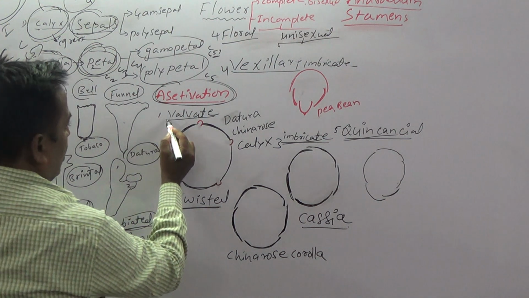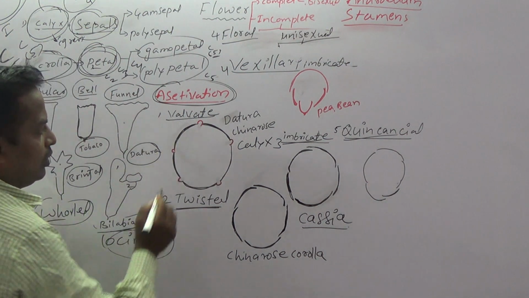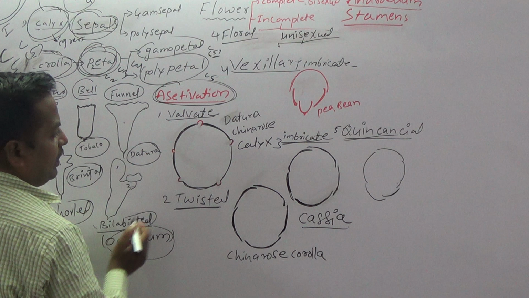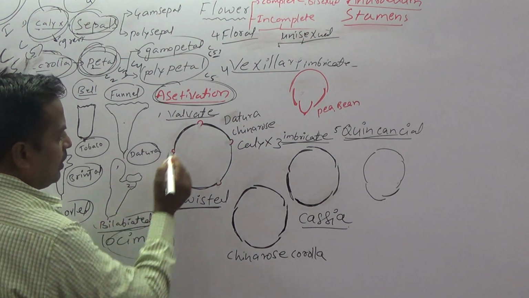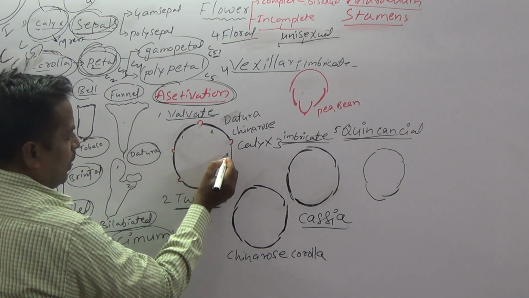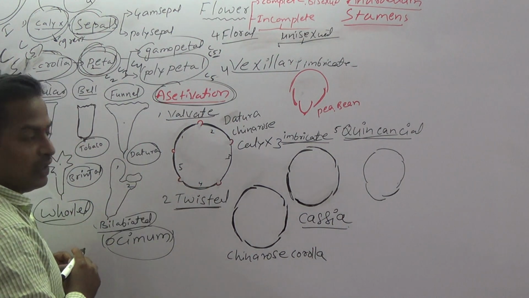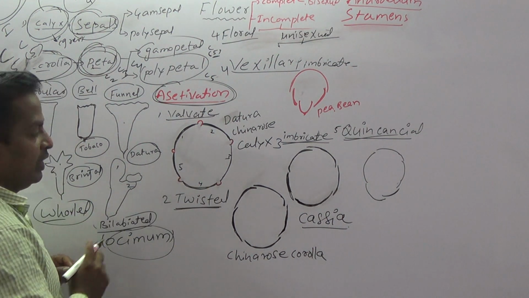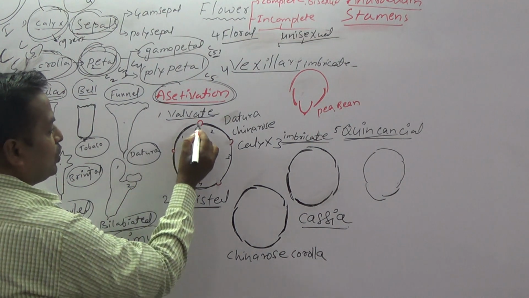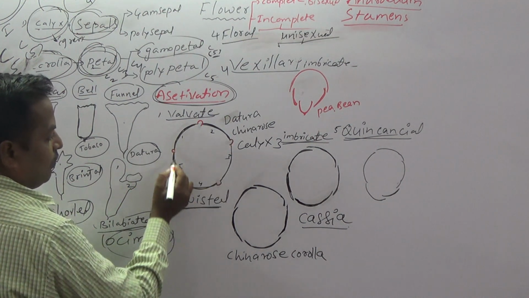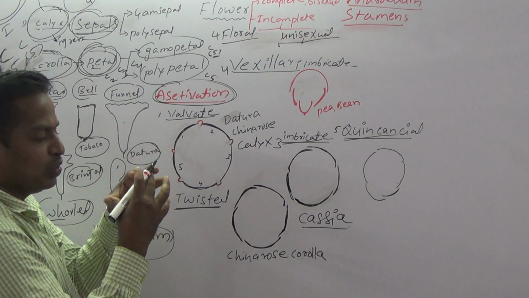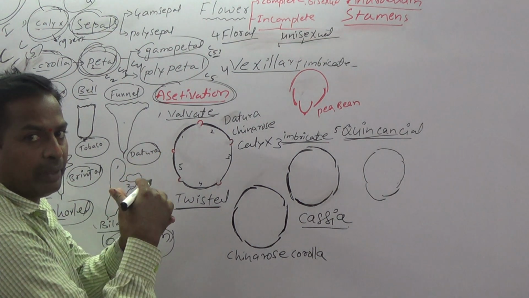What is the first one? Valvate. Look here, the image of the valvate. How many sepals are there? 1, 2, 3, 4, 5. The 5 sepals are closed and united, not overlapping.